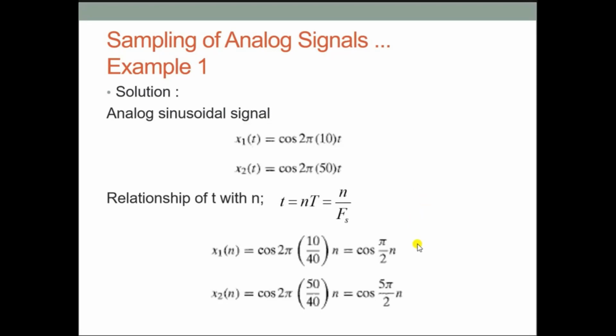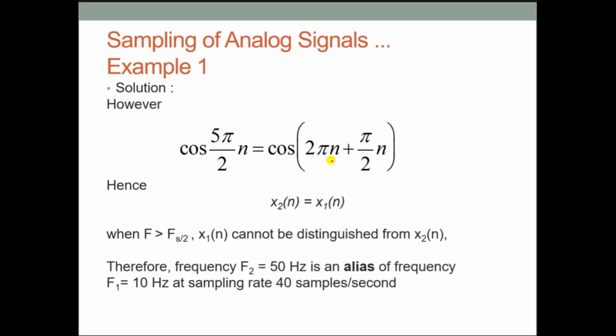Now we have the two signals converted into discrete time signals. You see that this is x1(n) and this is x2(n). If you look closely at x2(n), we can actually rewrite this into 2 pi n plus pi over 2 n. How is this rewritten?